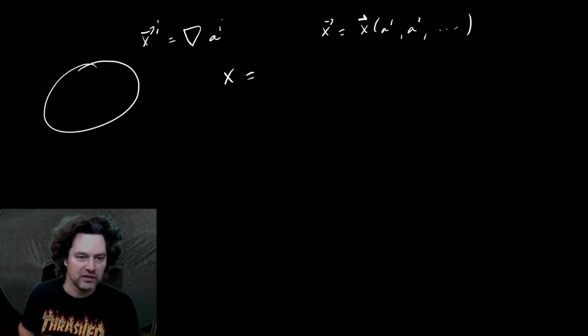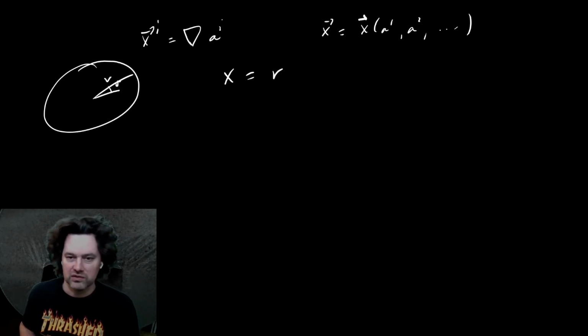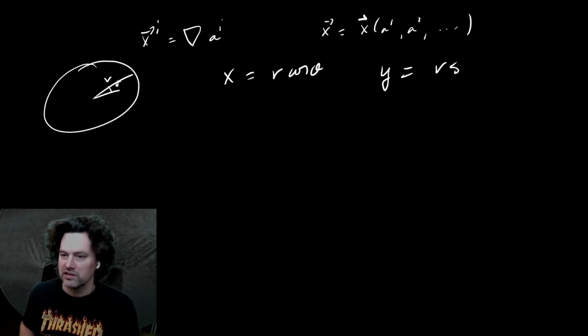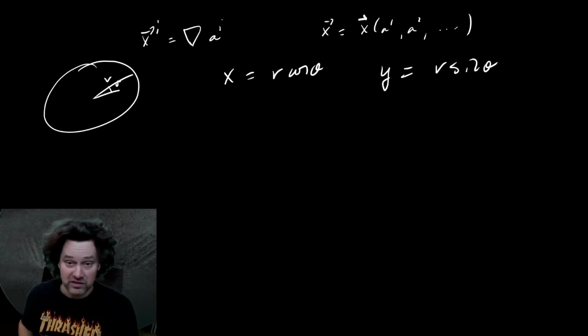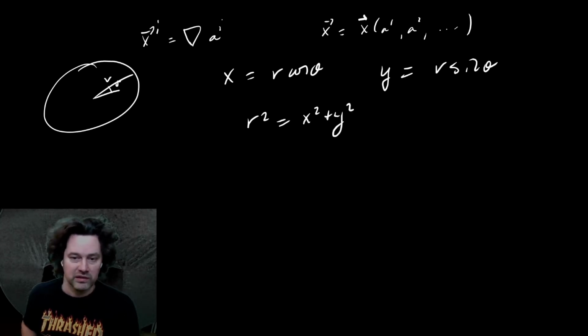If we have a radius and an angle, then we could say that x equals r cos theta and y equals r sine theta. This parameterization in this particular case is simple enough that we can actually solve for r, which is the square root of x squared plus y squared, and we can solve for theta.